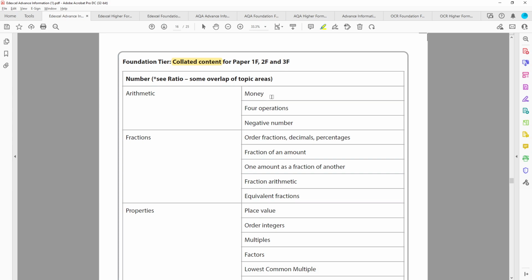So they've brought together all the stuff for paper 1, 2 and 3 and put it in a document for you, which is really helpful because this is what you use as a revision list. It's not so interesting for you to know what's on paper 1, 2 and 3. It's more interesting for you to know what will be on the papers.